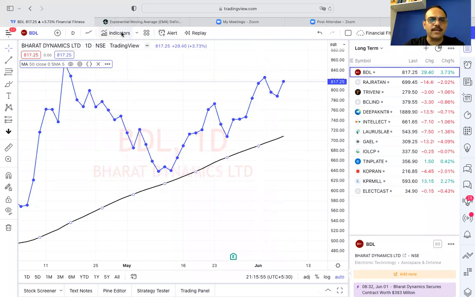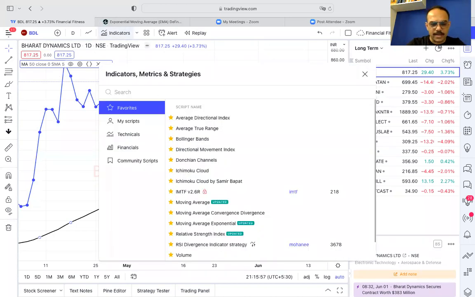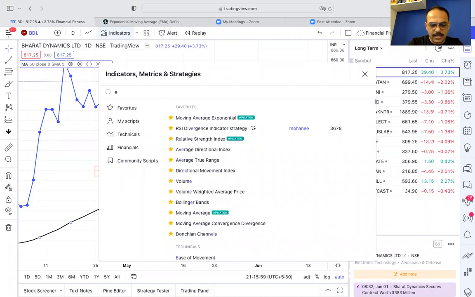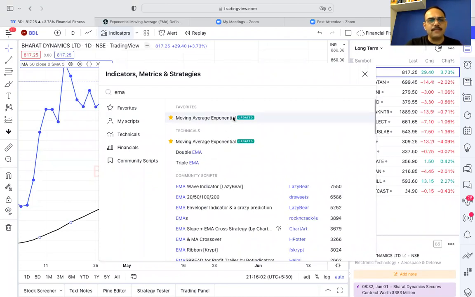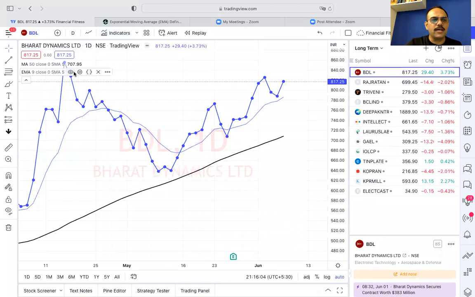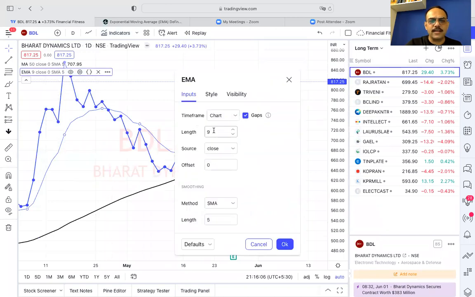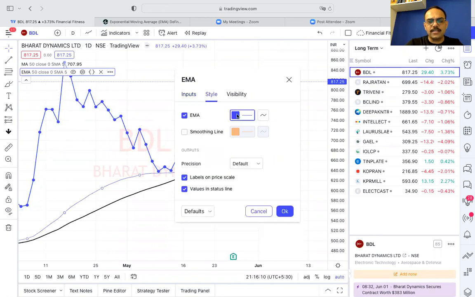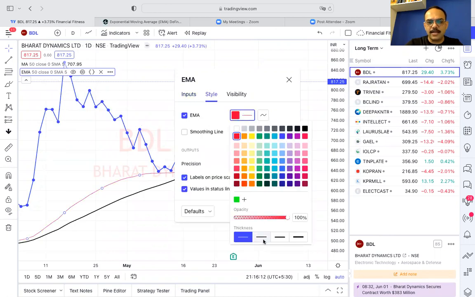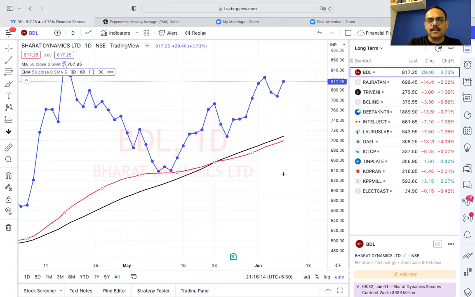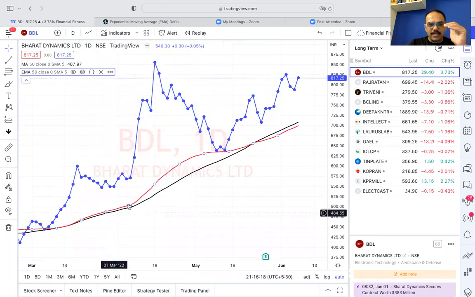If I am putting an exponential moving average over here, EMA, and here I say 50, and the style is, let's say, red and thicker, you'll see that the 50-day moving average is moving a little faster.